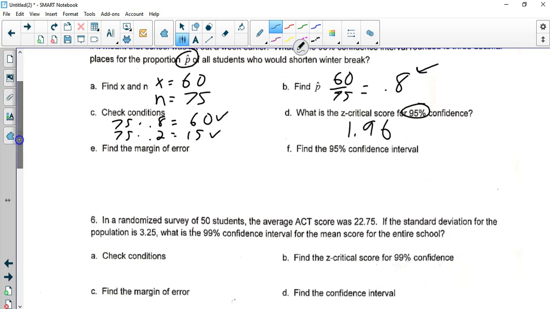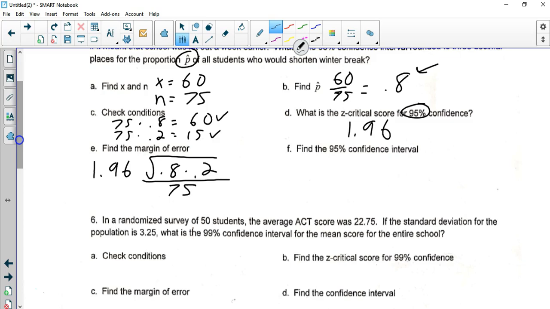Now the margin of error, this is where you got to be careful. We're going to use 1.96, our z-score, and this is right on your cheat sheet. But here's the big thing. I've seen a lot of people do this. Okay, and that's wrong.